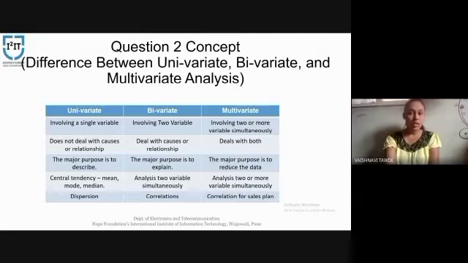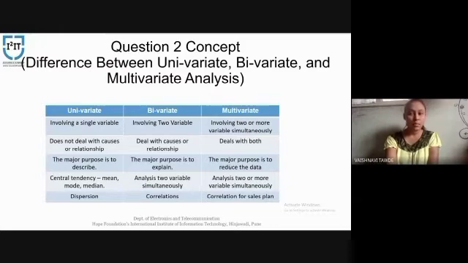So here the data contains just one variable and does not have to deal with the relationship of the causes and effect. For example, consider the survey of a classroom. The analyst would want to count the number of the boys and girls in the class.